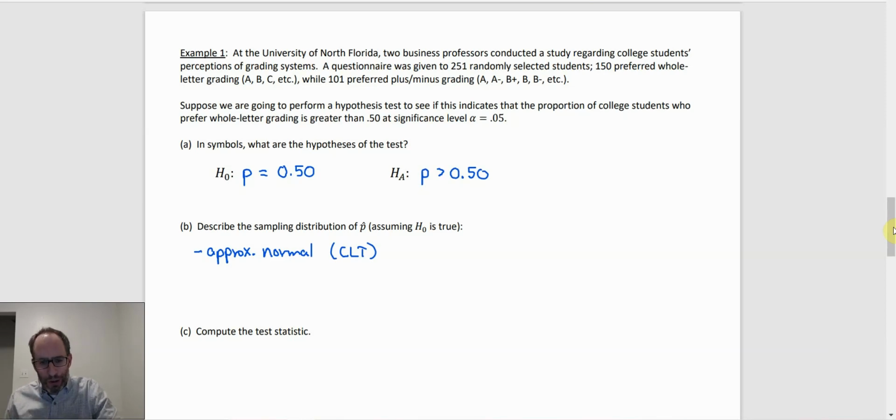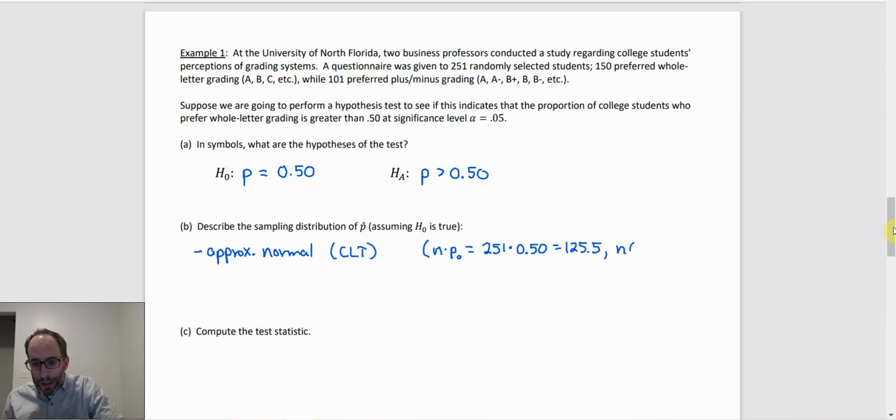They're actually both 125.5, because in this case, n times p0 would be 251 times 0.5, right? Because 0.5 is our p0, it's the value in the null hypothesis. This is 125.5. But if p0 is 0.5, so is 1 minus p0.